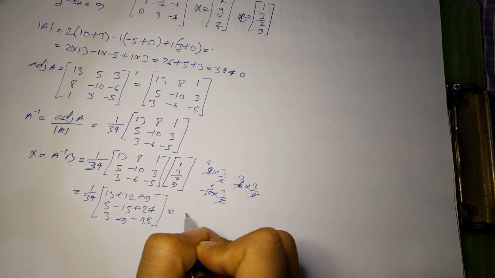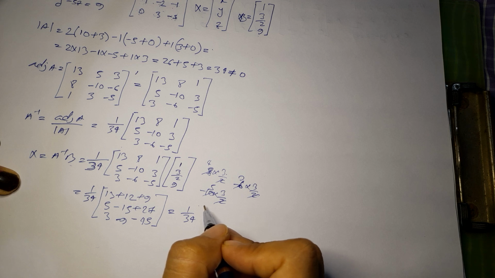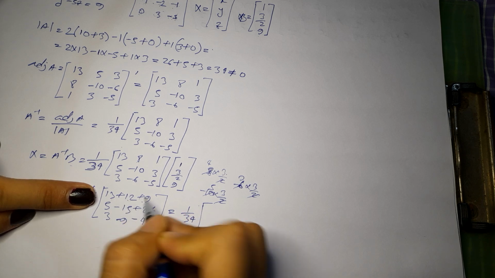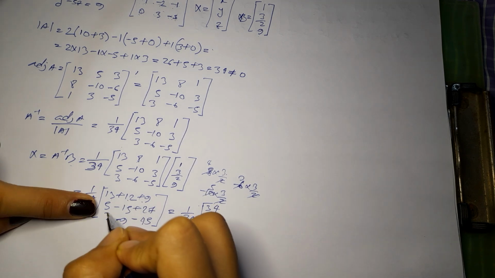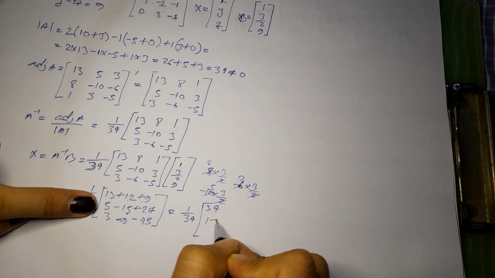So this will give 1 by 34 times 13 plus 12 plus 9, which gives 34. This will give how much? Minus 15 plus 27 minus 10, which gives 17.